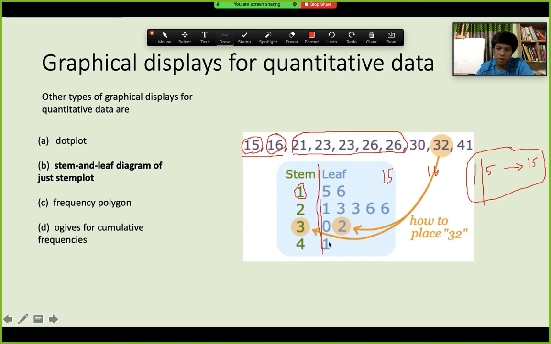Suppose 41. This is actually 41, not 4 and 1. Okay, 4 bar 1 represents 41. It helps us avoid writing all the same common thing again and again. This is called a stem and leaf diagram.